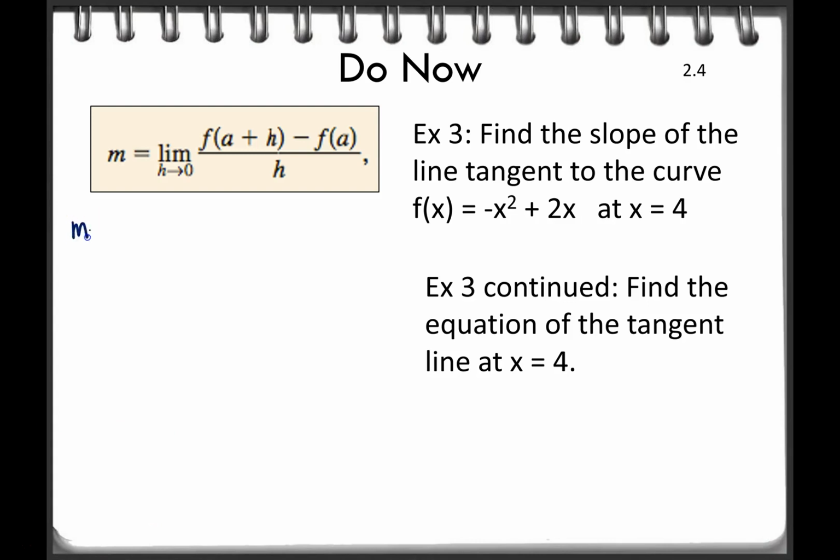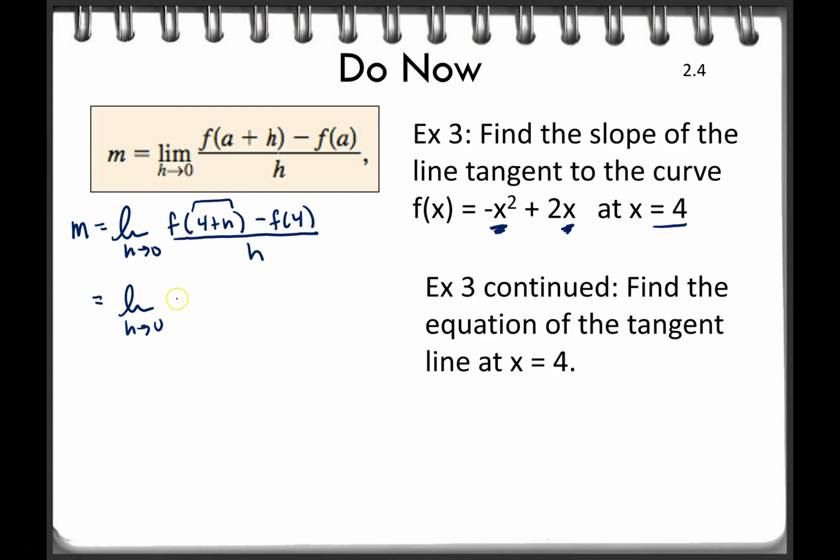So this one's going to be m equals the limit as h approaches 0 of f of, here's my a, is 4, so that's going to be 4 plus h minus f of 4 all over h. So next thing I'm going to do is plug in 4 plus h everywhere I see an x.